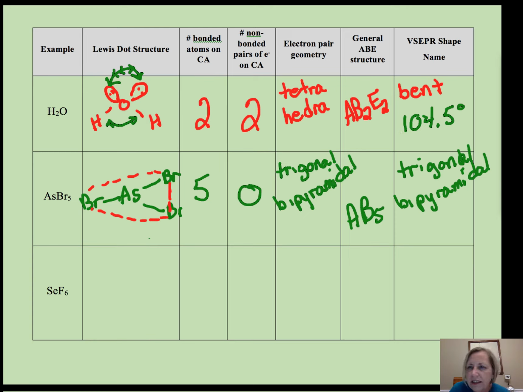A triangle in the plane. And then you have a bromine going up and a bromine going down. So the bromines in the plane are 120 degrees, and then they're called the axial, I believe, bromines, those are 90 degrees.